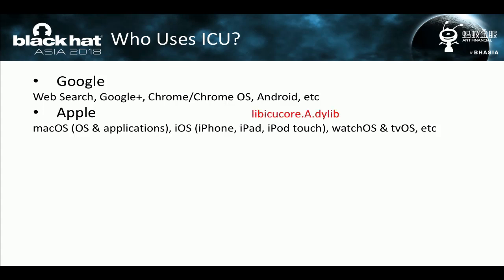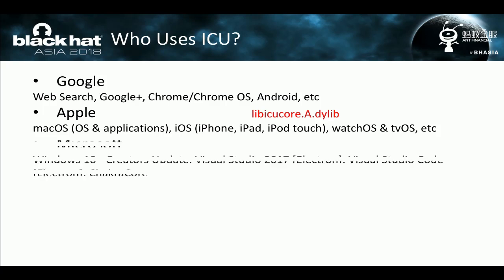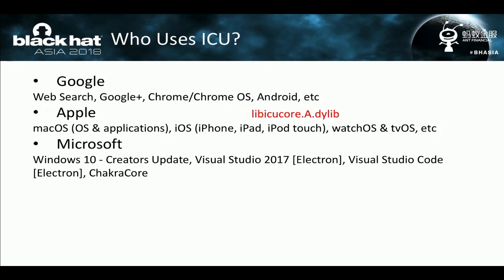In macOS, the name of the ICU library is libicucore.A.dylib, which is contained by default in macOS. From Microsoft, Windows 10, Visual Studio 2017, Visual Studio Code, and ChakraCore are also using ICU. On Windows, the names of the ICU library are ICUIN.dll and ICUUC.dll.